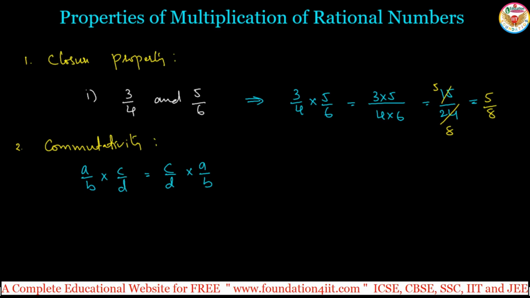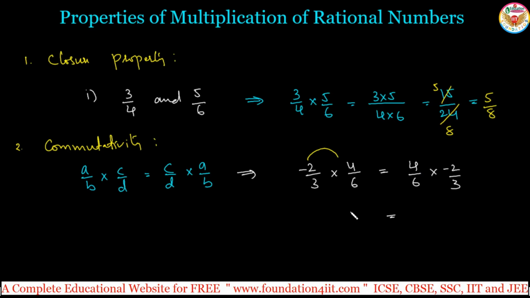So this is the commutative property which exists. Let us check one example. Minus 2 by 3 into 4 by 6, and similarly 4 by 6 into minus 2 by 3. If you multiply this, you'll get the same, right?